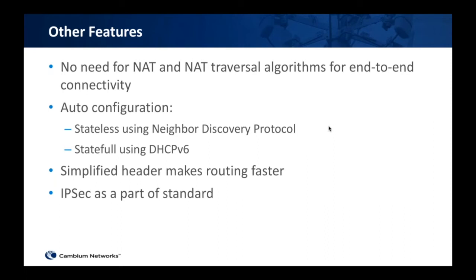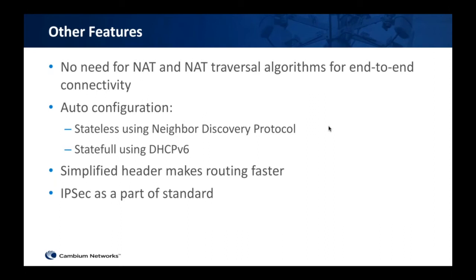Another benefit, as I said, is that the simplified header makes routing faster, and you can see from the benchmarks for different networking equipment that sometimes it's way faster to route IPv6 compared to IPv4, especially in some complicated configurations.